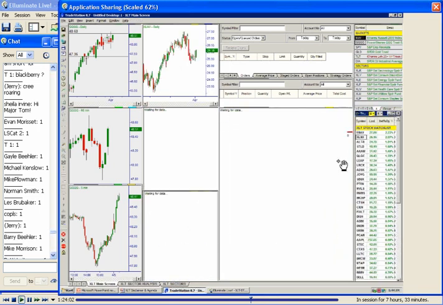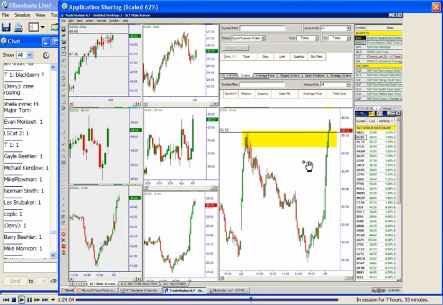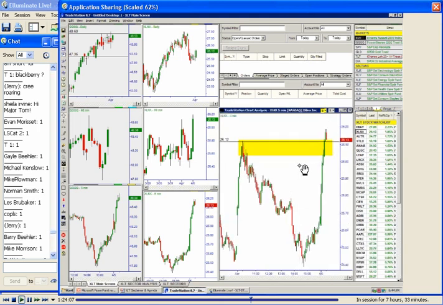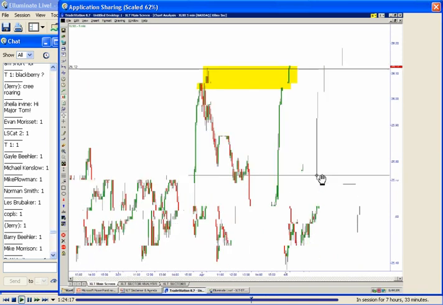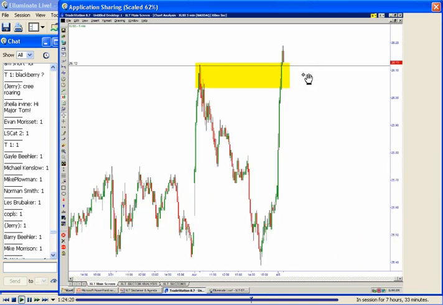How does Xilinx work out? Do we get anything on Xilinx yet? Okay, went above, possible bull trap on this one here. Very nice profit potential on that one.